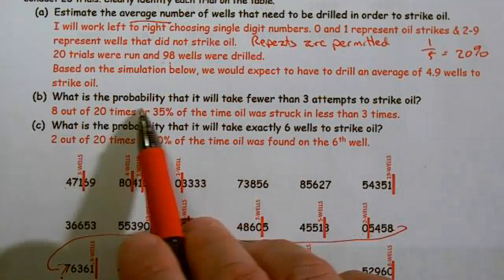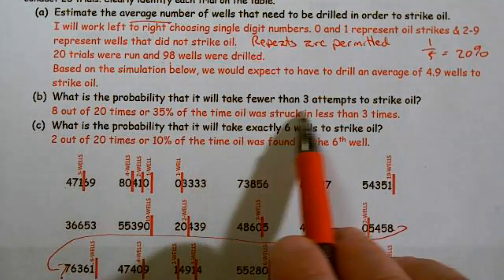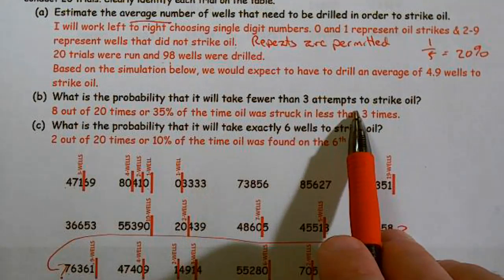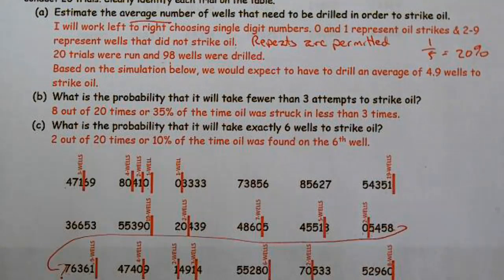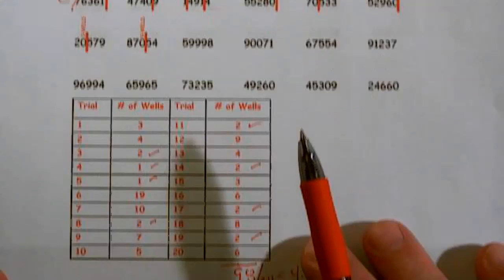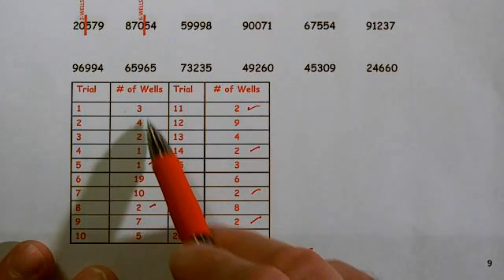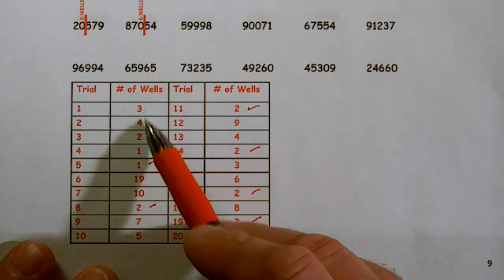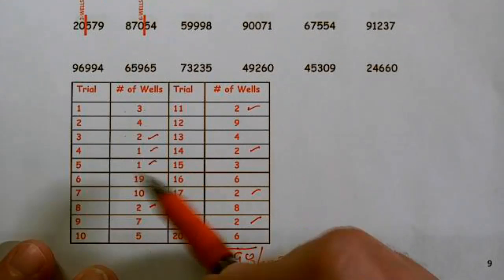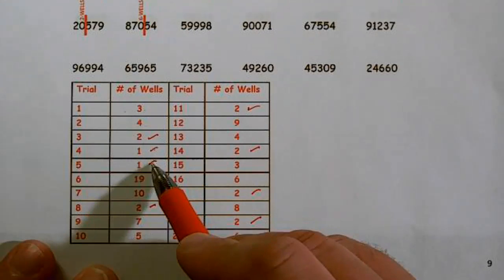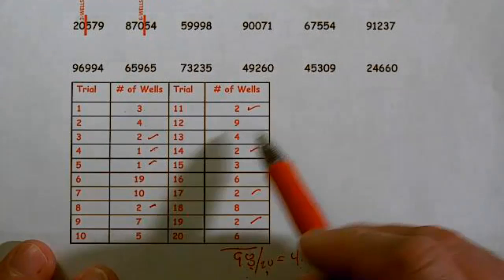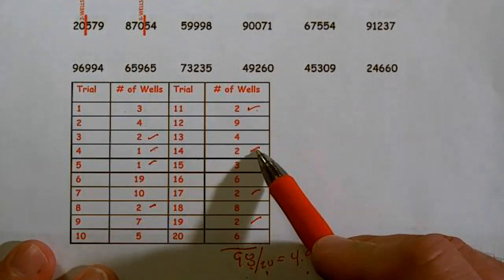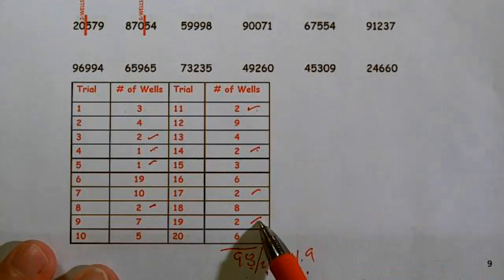Part B, what is the probability that it'll take fewer than 3 attempts to strike oil? What's the probability to take fewer than 3 attempts? Well, that means 1 or 2. Well, 3, that's 1. So that's 1, 2, 3, 4, 5, 6, 7, 8.